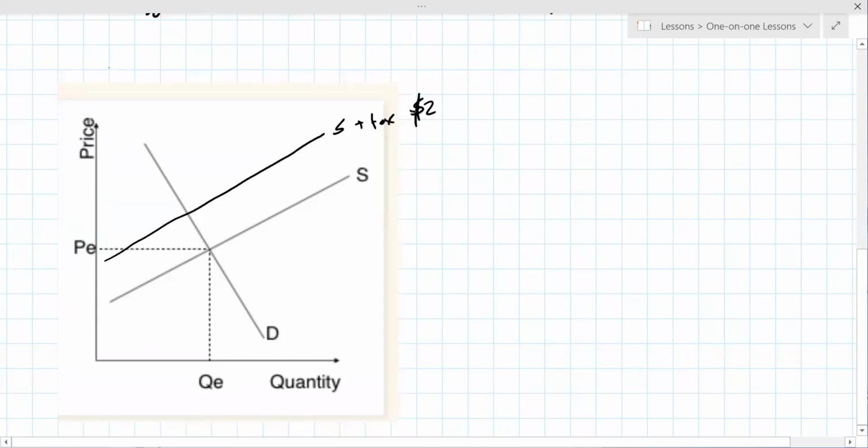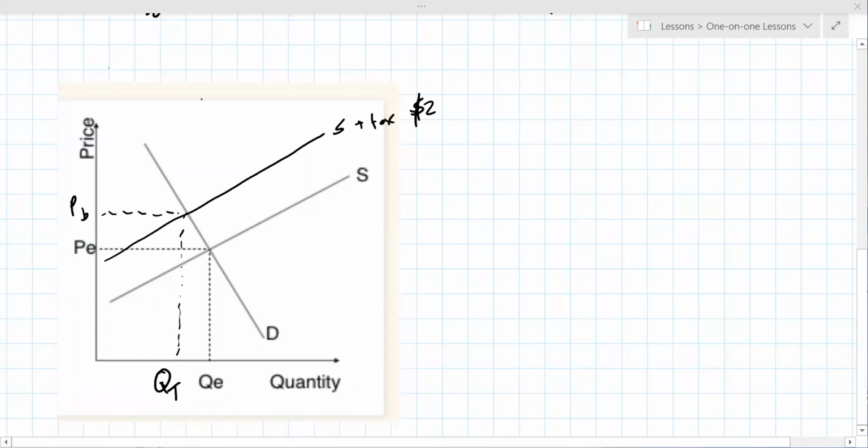So like this is the PB, and this is the new quantity. I don't know if it asks for that. Does it ask for the new quantity? Yeah, QT. After-tax price received by sellers.